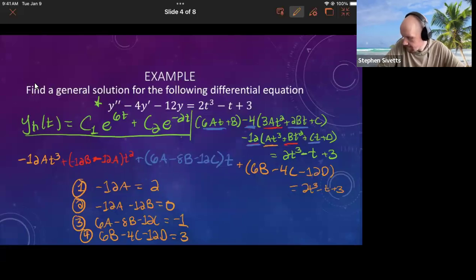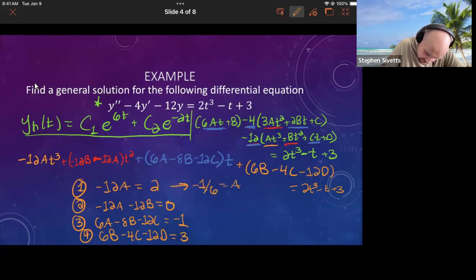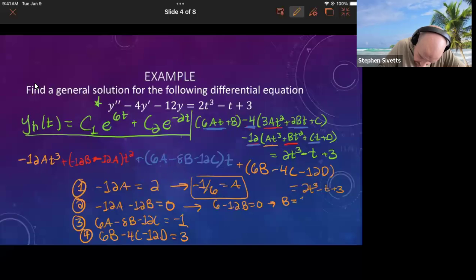Okay. By equation 1, we know that a is equal to -1/6. And by equation 2, since a is -1/6, we'll have 2 minus 12b is 0. And so that means that b is equal to 1/6.